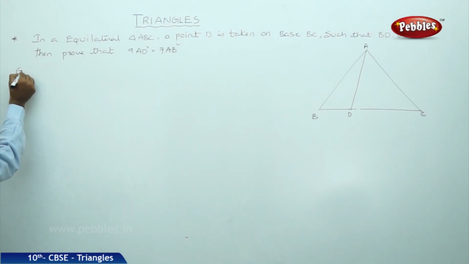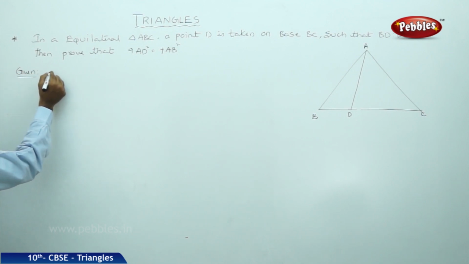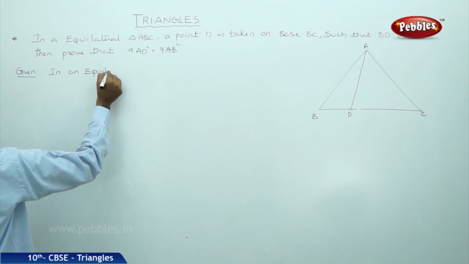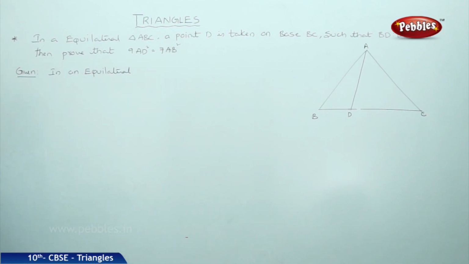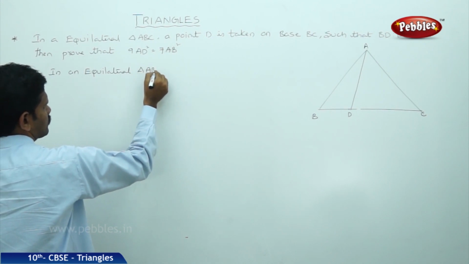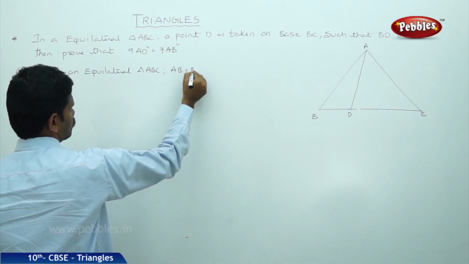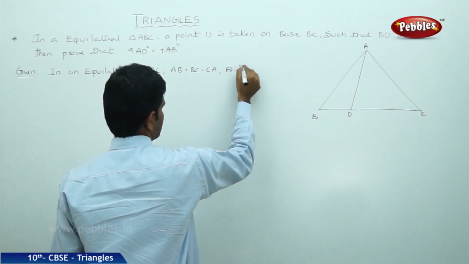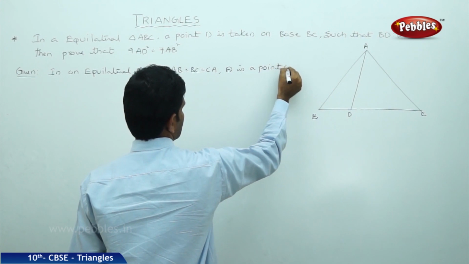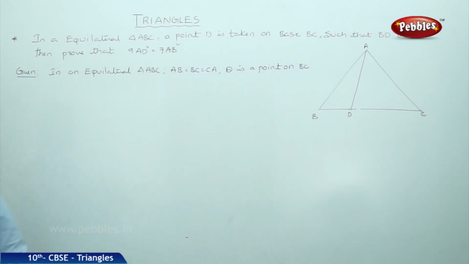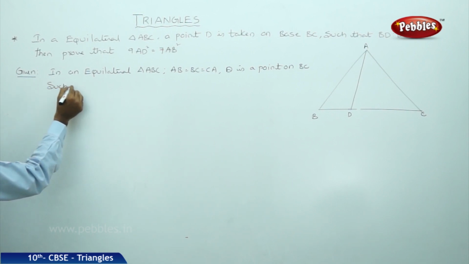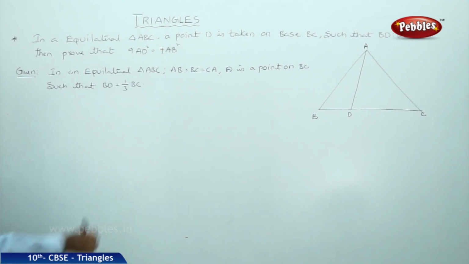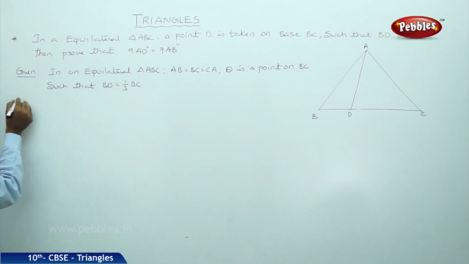Given: in an equilateral triangle ABC, AB is equal to BC is equal to CA, and D is a point on BC such that BD is equal to 1/3 of BC.